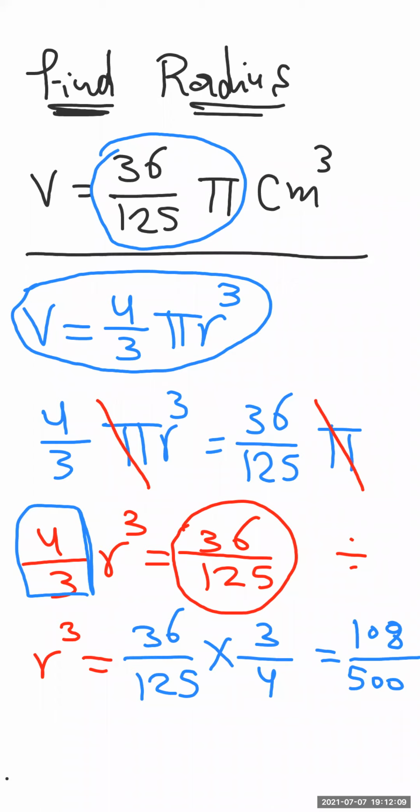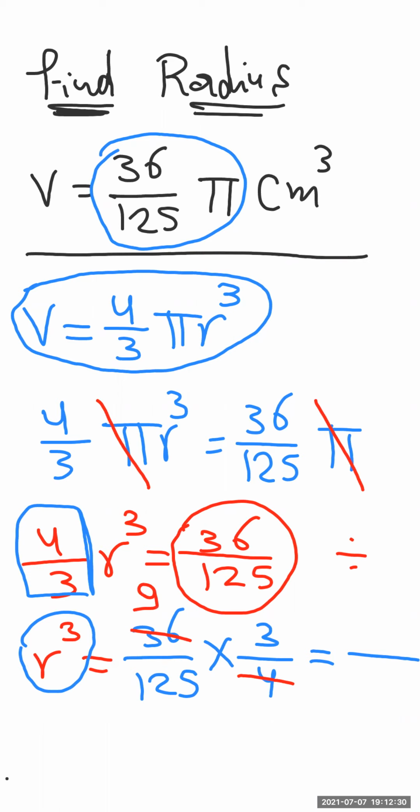Now I want to get the cubic root for this value so that I can get the radius. Okay? And instead of multiplying these numbers, guys, we can simplify it directly while multiplying, like this. Here we can divide the 36 by 4, so it will equal 9, and 3 and 125, 125 divided by 3, I think it's not divisible.